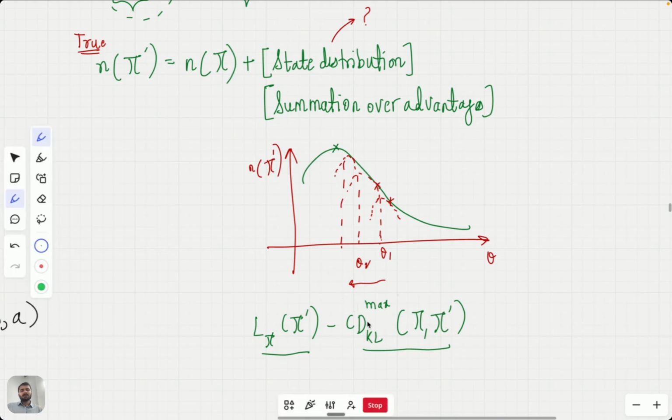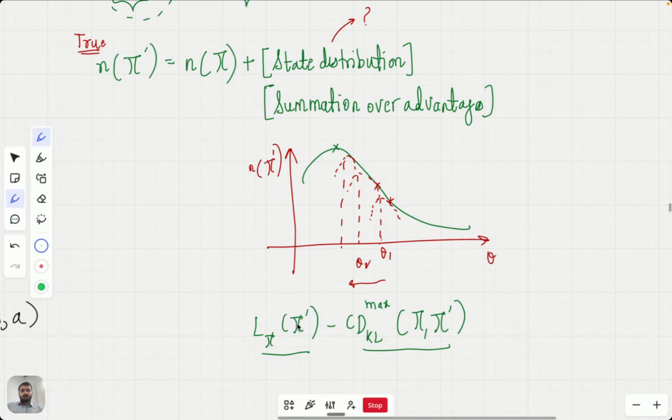So it turns out that we can prove that this term is less than the true objective function, which is the true performance measure of the new policy, and we can see how it matches the objective function at exactly π equal to π dash. So for π equal to π dash, both the distributions are the same, and the KL divergence is going to be zero.